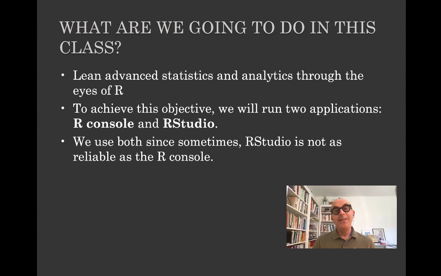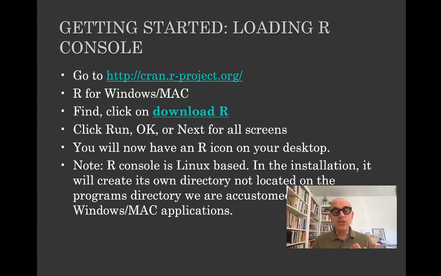Okay, there are two platforms for R: the R console and RStudio. RStudio has become very powerful and has become the main platform, but the console is the foundation, and it is where they started in 1995.